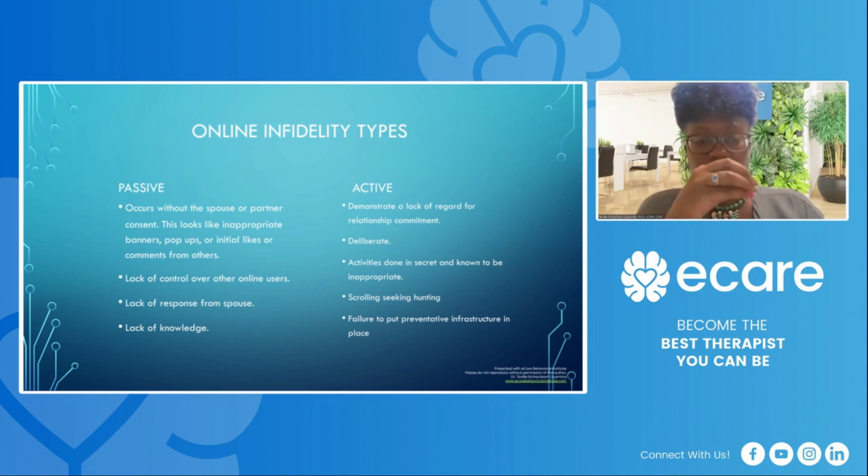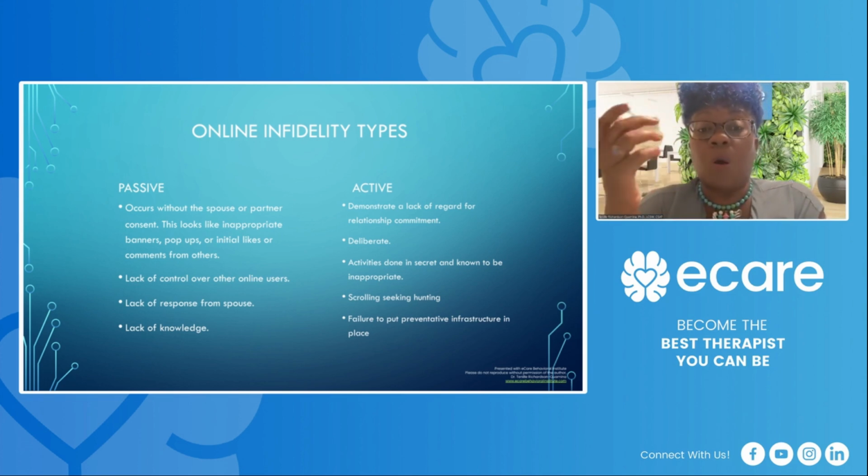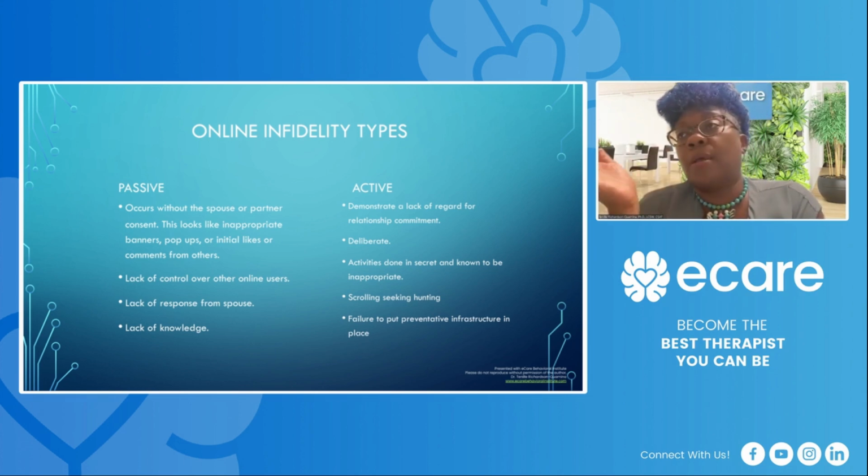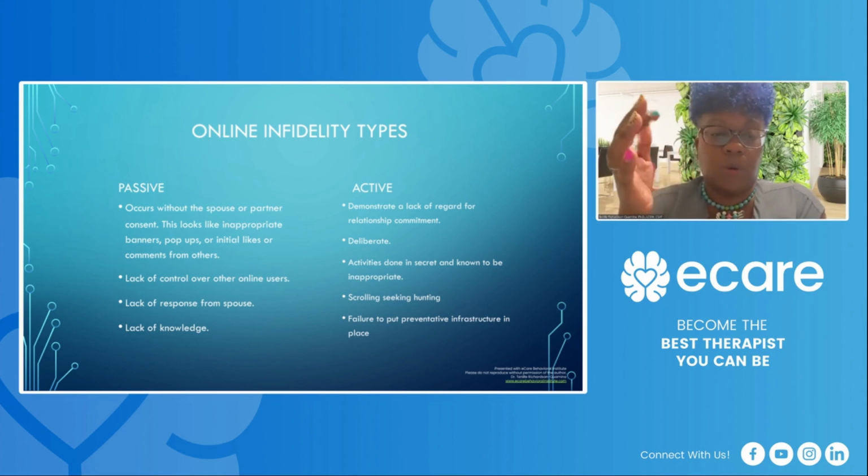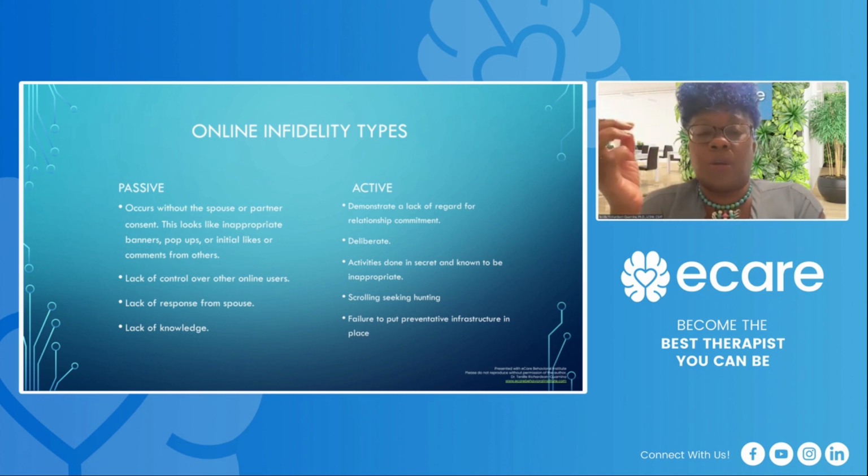So one of the things we want to remember in the passive aspect of online infidelity is the lack of control over other online users. This is something that you may hear clients say: I didn't like when this particular person liked your picture. I didn't like it that now you're getting all of these advertisements for dating websites. You must have done something wrong. So listen out for those passive aspects.